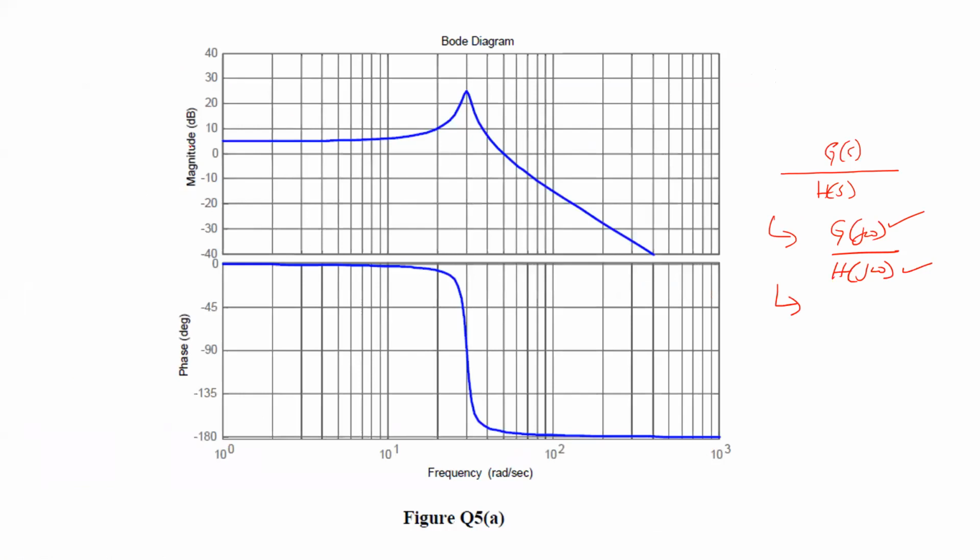This straight line part here, this bit, this is 20 log A. This bit here is a straight line plot. This is decreasing at minus 40 dB per decade, right?